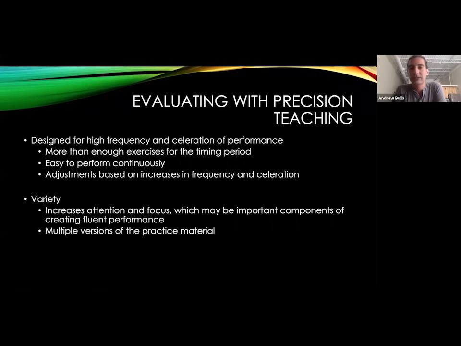Now, not only do we want to design for high frequency and acceleration, but we also want to provide a variety of stimuli. This is going to, one, increase attention and focus, which may be an important component for fluent performance, but we also are getting away from teaching memorization. We don't want the learner to memorize the order in which the stimuli are presented, because that's not the type of stimulus control we want.